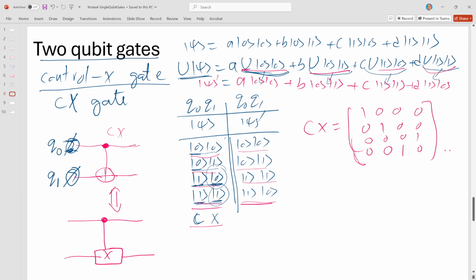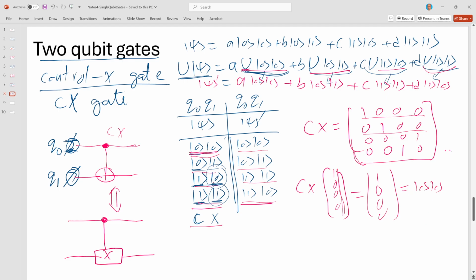And we can check, let's say this 00 state is 1 0 0 0. If I apply this matrix to this, then 1 0 0 0 multiplied with this is 1, 0 1 0 0 multiplied with this is 0, 0 0 1 0 is 0, 0 0 0 1 is 0. So I get this state back. Let's check one of these, the last one.